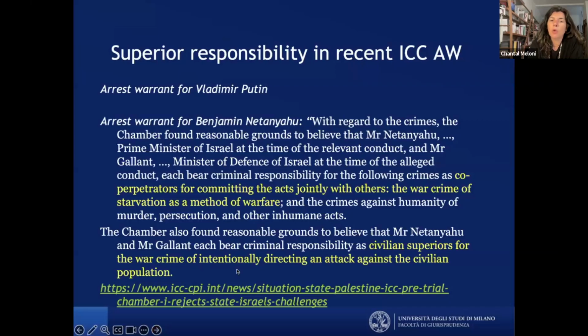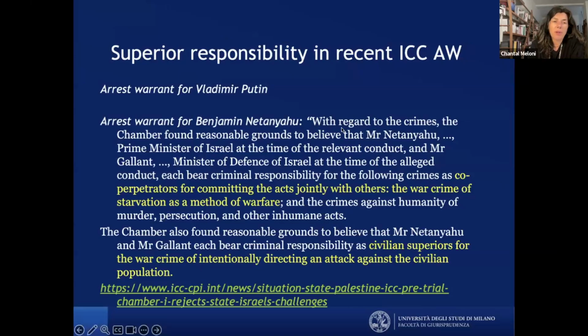And to conclude, again, I would like to mention the part of the arrest warrant for Benjamin Netanyahu and for the defense minister of Israel, Gallant, that involves this mode of liability.